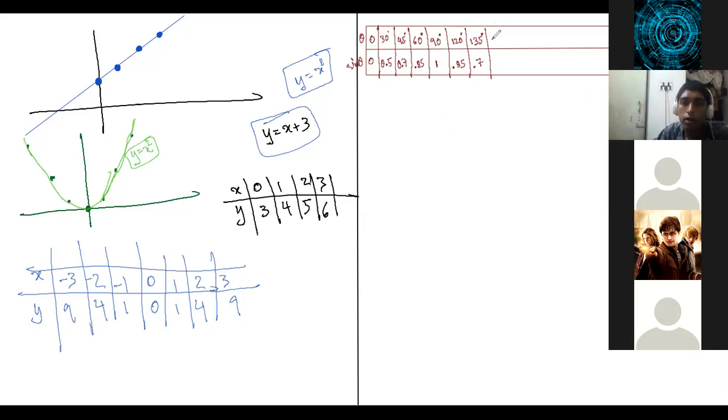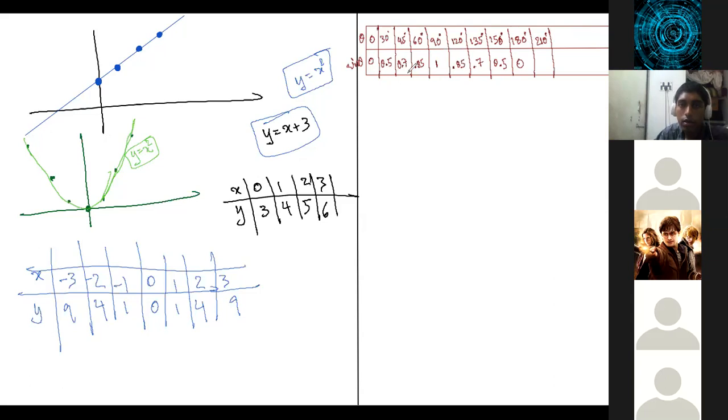Next, what are the other important values? 150. What is sine 150? Half again, so sine 150 is 0.5. Then sine 180, or sine pi, is 0. Then again 210. Naturally you would get 0.5, but no. What is happening?